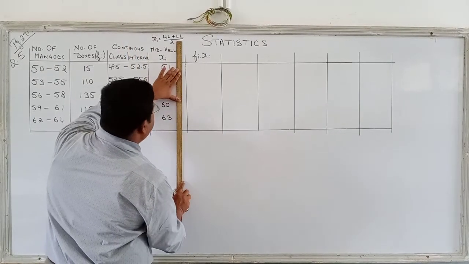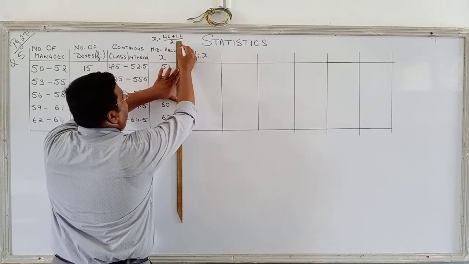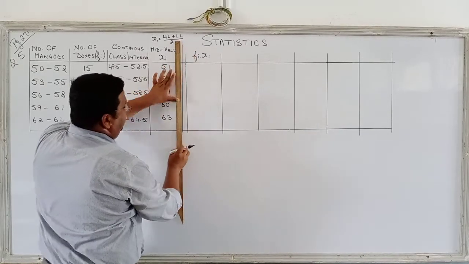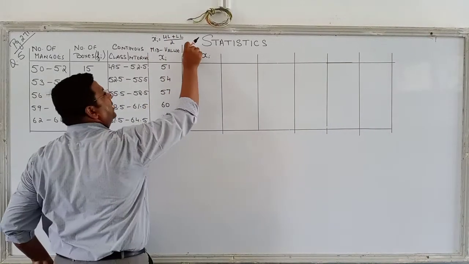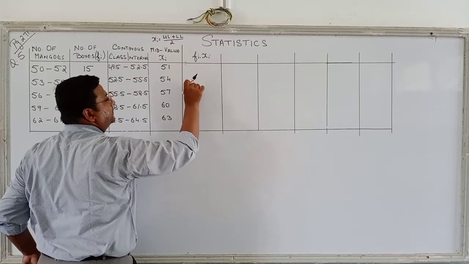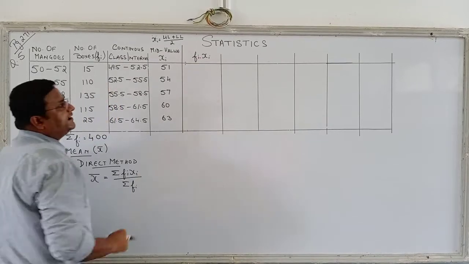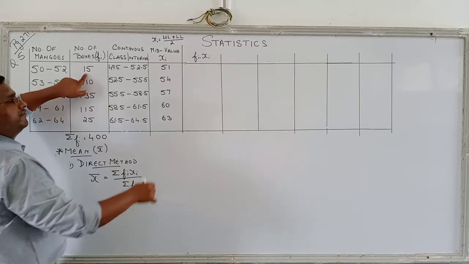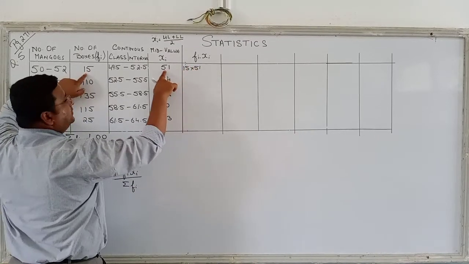You can multiply this. I am increasing this so that you can easily see the multiplication. What are we multiplying? Fi into xi. Check. Fi 15 into xi 51.